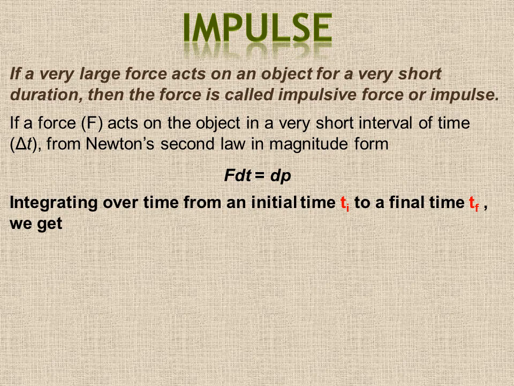Integrating over time from an initial time ti to the final time tf, we get integration dp is equal to integration ti to tf F dt. Therefore, pf minus pi is equal to integration ti to tf F dt.